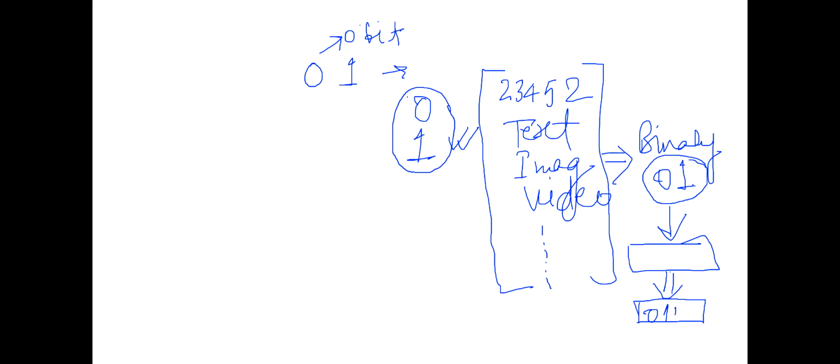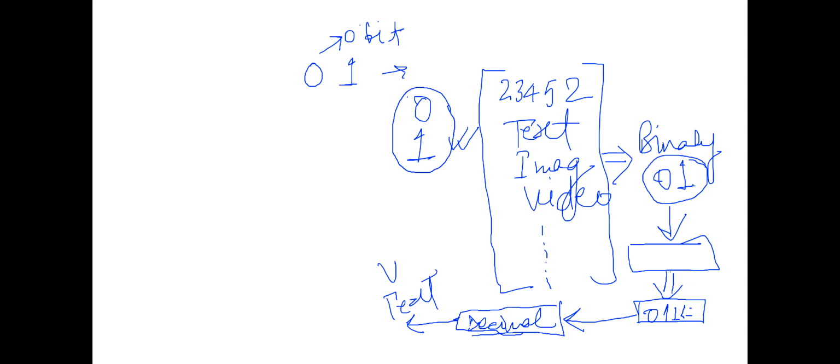Thereafter, an interpreter converts this binary value into decimal or some other value, and thereafter it gets converted into other forms like text, video, image, or any other form. So this is how the whole chain works.